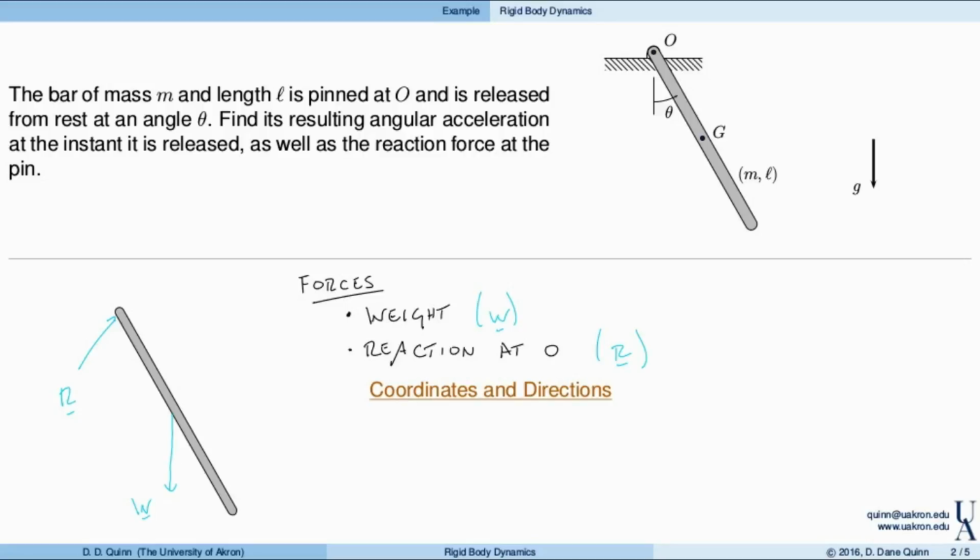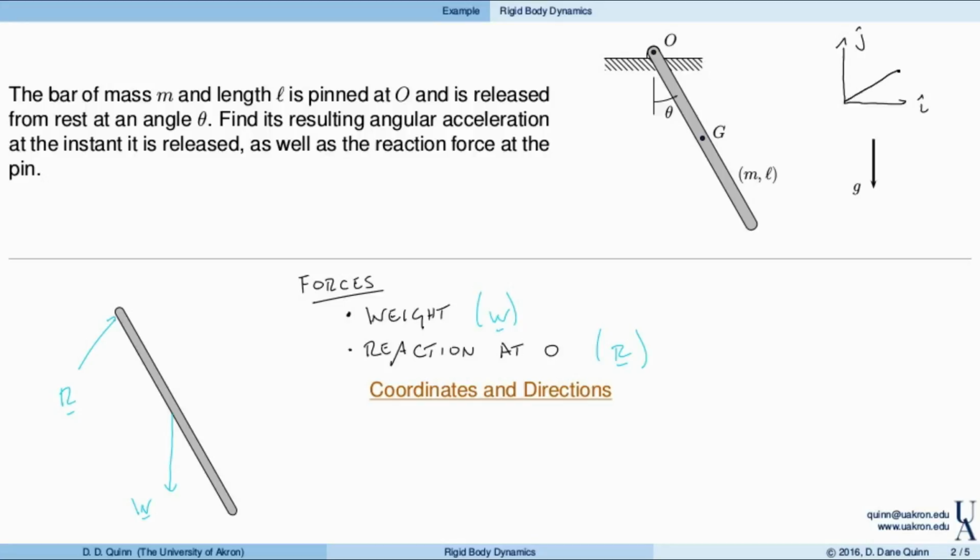Well, theta works as a coordinate, right? And it was given in the problem statement. So if I know the angle theta, I can tell you everything about the configuration. In particular, I can tell you where the bar is. Now in terms of directions, let's define I and J like so. So, kind of standard, horizontal and vertical.